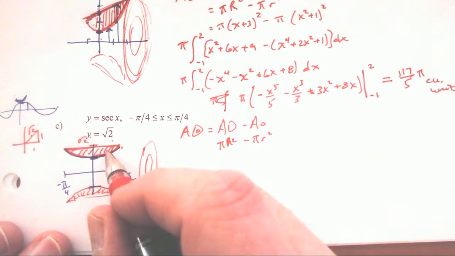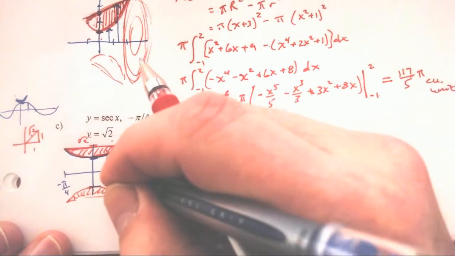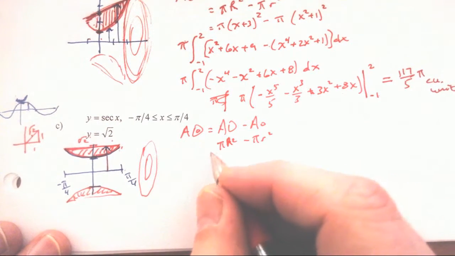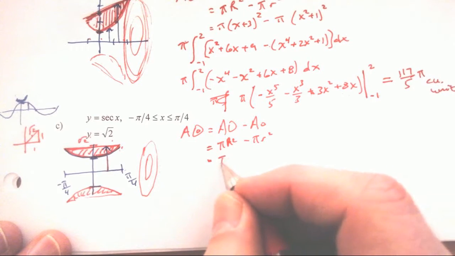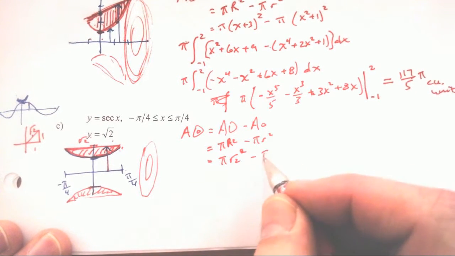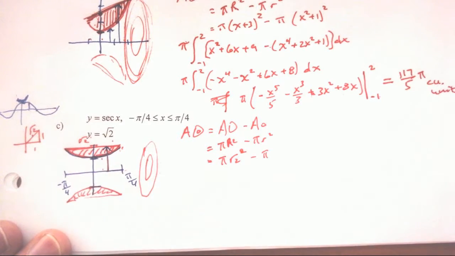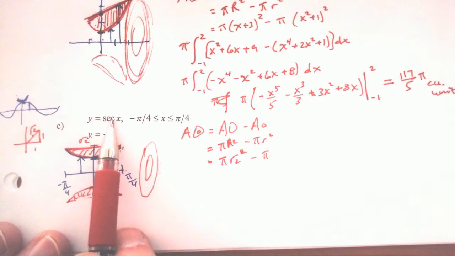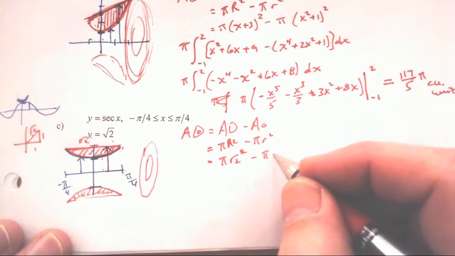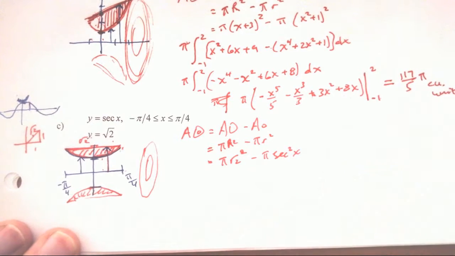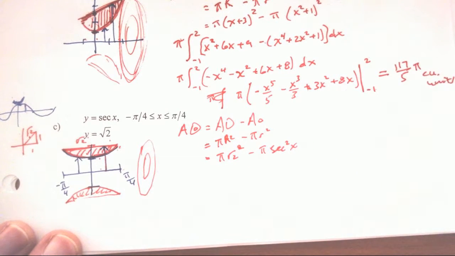But our big R is this height, which is just √2. So that is just pi √2 squared minus pi times our little r is any height along here, and that is y, but y is secant x. So pi secant squared x. So we're ready to integrate this thing.